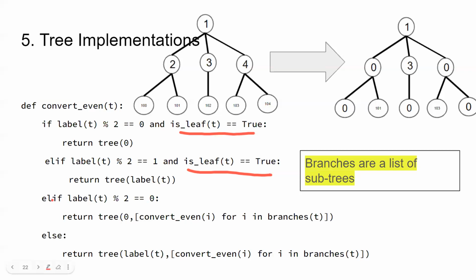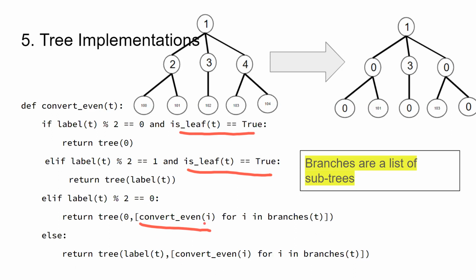Yeah. And else if label of t mod 2 is equal to 0, like for here, this is not a leaf, but this is an even number. So you pass in the label saying it is 0, and then you use recursion here. Like you use recursion, but recursion only returns one of the branches, one of the branches below this label.